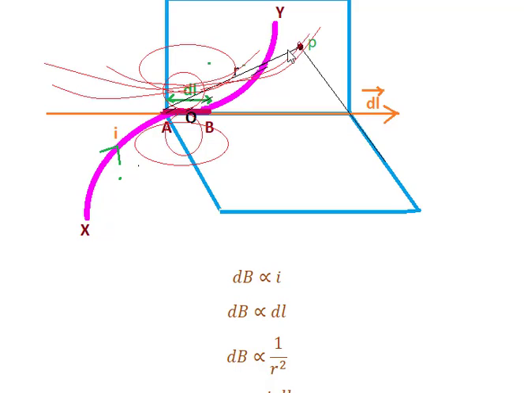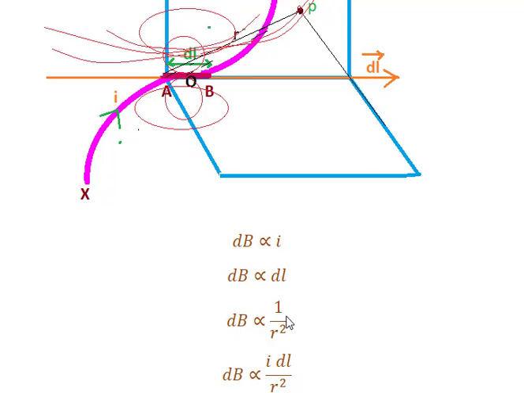If the point is nearer to the element dl, the magnetic field will be high. When we go away from the element AB, the magnetic field decreases. So it is inversely proportional.